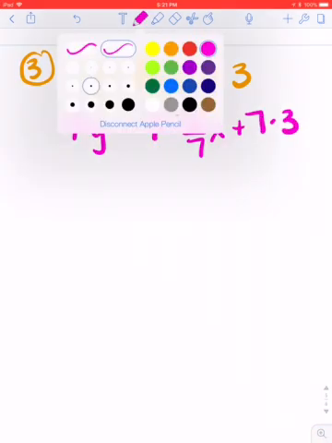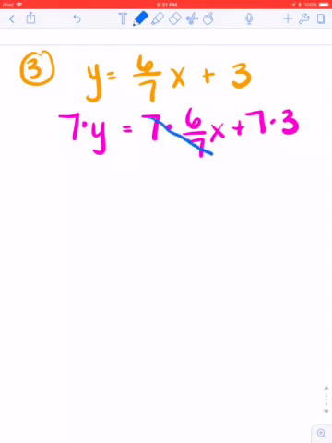The whole reason that we're doing that is because these 7s will cancel and we'll get rid of the fraction. So you're left with 6X there. 7 times 3 here is going to be 21. And I'm just going to bring the 7Y down. So as far as a decimal or a fraction being in there, that's gone.